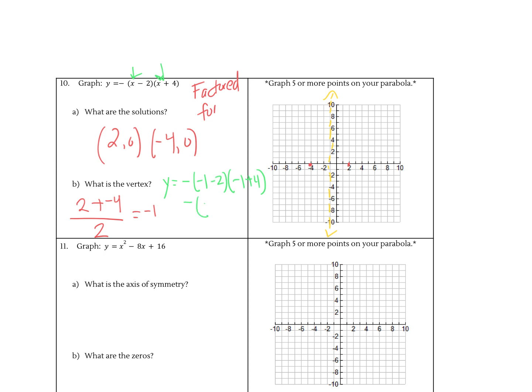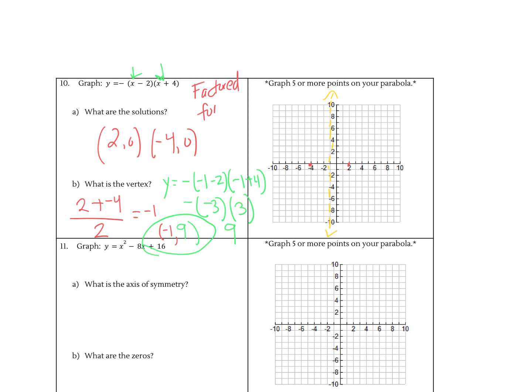So -1 minus 2 would be a -3. -1 plus 4 would be a 3. And so what will happen here is that that'll give us a +9. We were expecting a positive because we know that that had to be based on the shape of our parabola. And so our vertex, the x-coordinate will be -1 and the y-coordinate will be 9. That is our vertex.